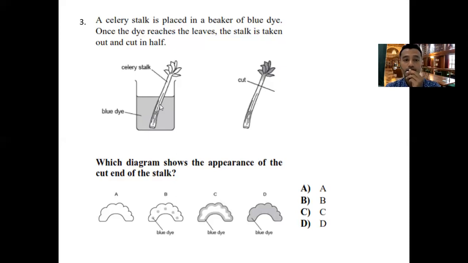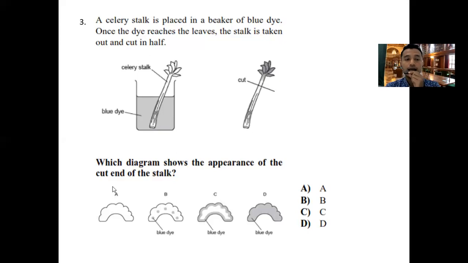After several hours or 24 hours, a celery stalk is placed in the beaker of blue dye. Once the dye reaches the leaf, the stalk is taken out and cut in half.